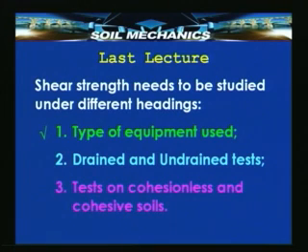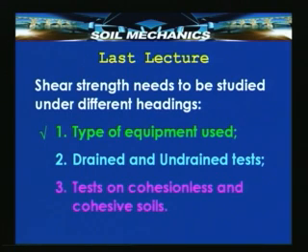That is, in the case of soils, drainage is a very important aspect. Therefore, the type of tests that are done on soils can be classified according to the drainage that is either provided or absent. Lastly, the nature of the soil is obviously important, and therefore, we also will see what is shear strength and how it depends upon the nature of the soil itself.